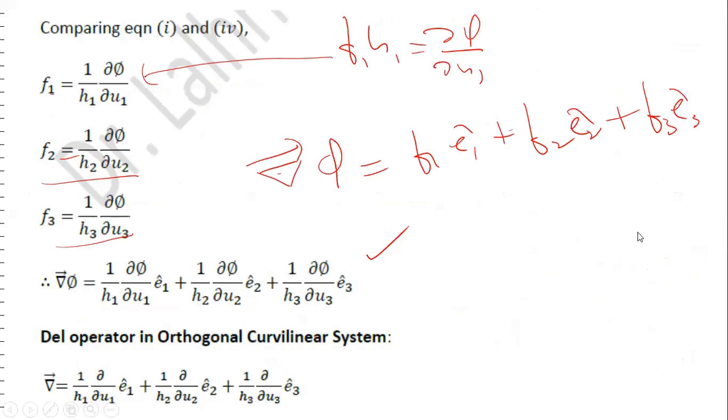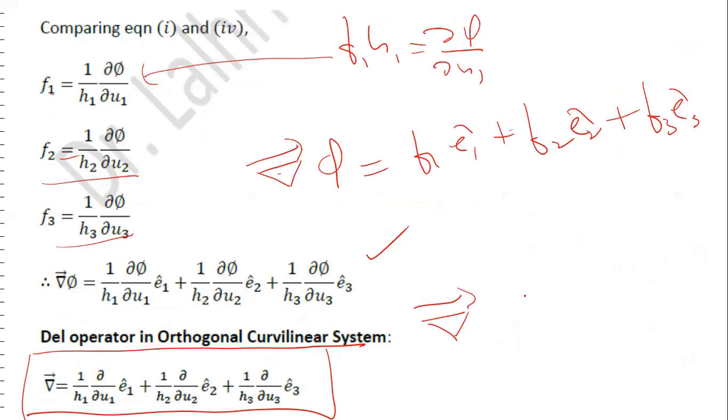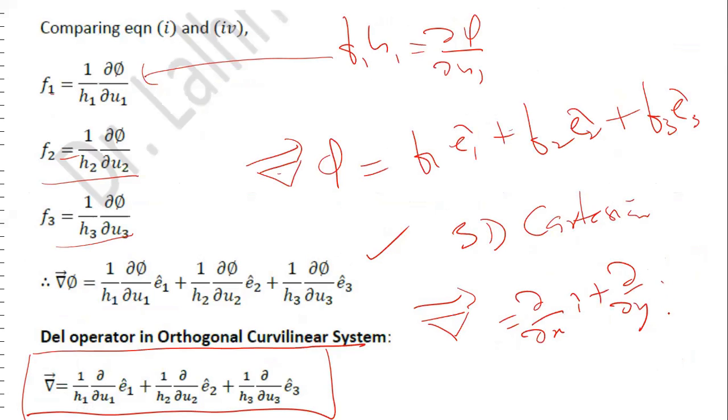Now, the del operator in orthogonal curvilinear system you can express by just removing the scalar quantity. The del operator here in this case is given by this. You remember that the del operator in 3D Cartesian system was del upon del x i cap, del upon del y j cap, plus del upon del z k cap.